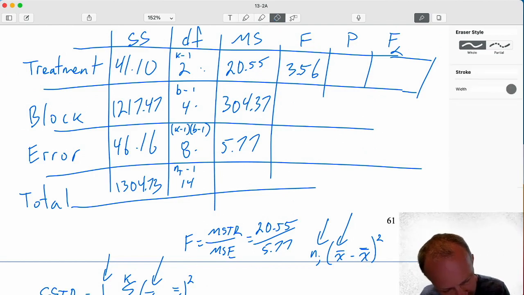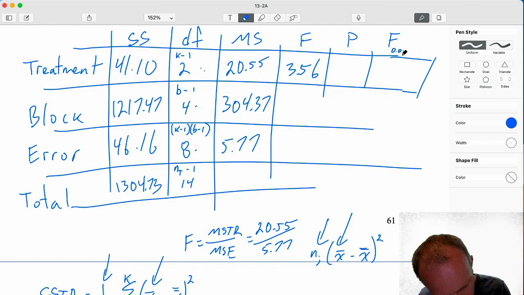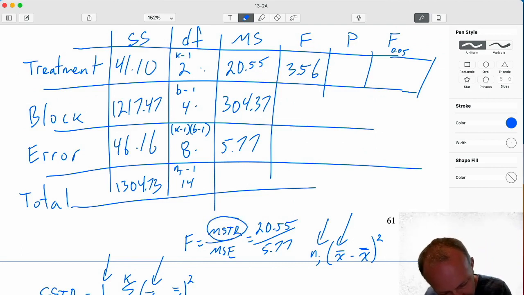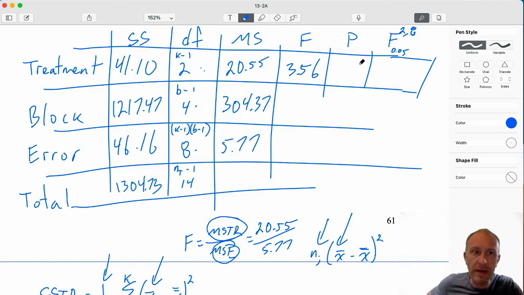Here we go. So we're going to do this at 0.05. Our degrees of freedom are the parameters of the F distribution. Here, mean squared treatment, I have 2 numerator. MSE, I have 8 denominator degrees of freedom. Okay, 2 and 8.